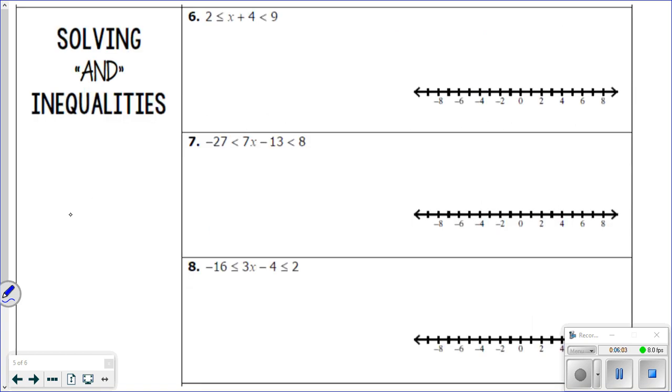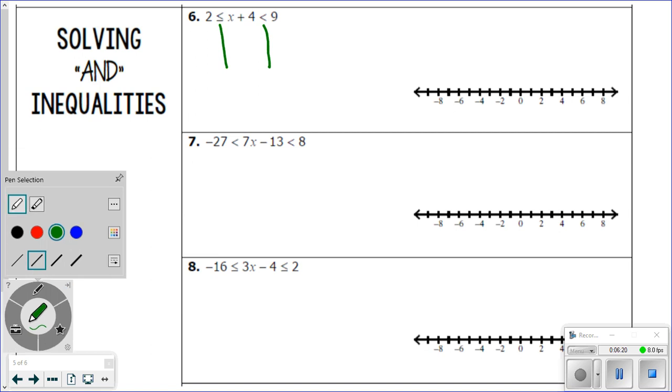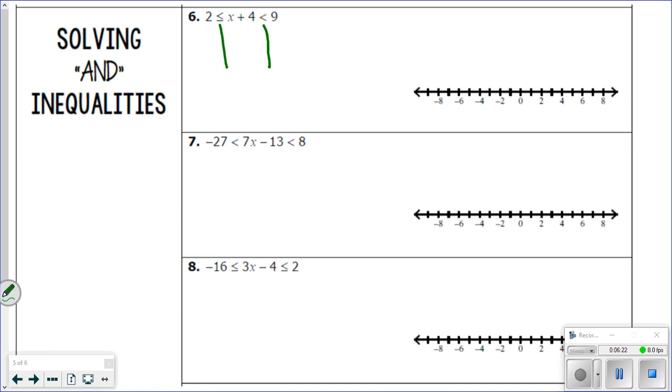So let's take a look at solving these. I am going to draw my lines down to keep myself organized. So I have an inequality symbol here. I'm going to draw my line down. I have an inequality symbol here. I'm going to draw my line down. Notice your x is right here in the middle. So we're going to work inside out, from the middle to the two outside columns.